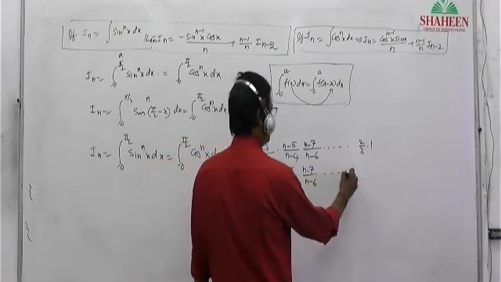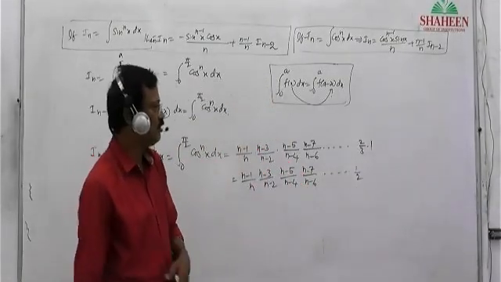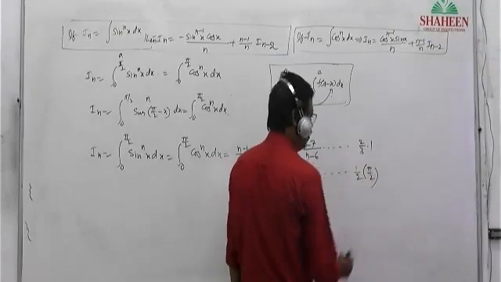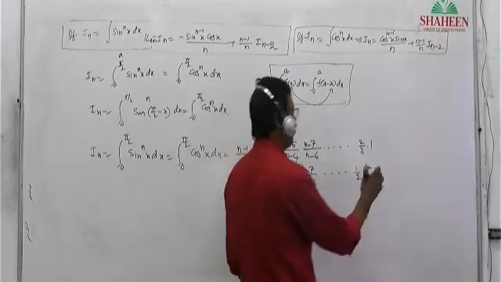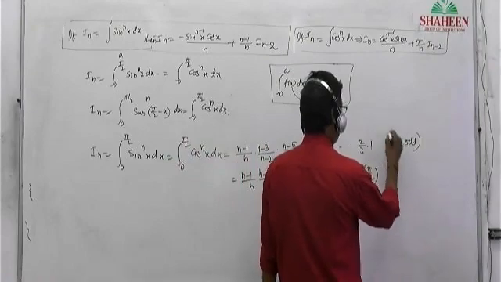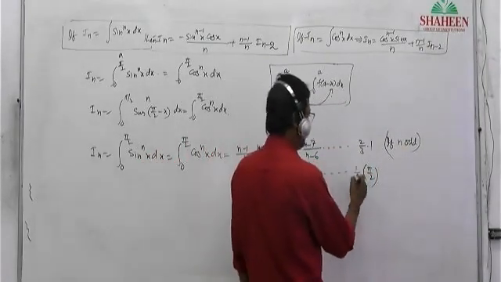Go on like this. If you get 1 by 2 in the last, then you write pi by 2. Now, when you get the last number 2 by 3, n is odd. If n is even, you get last 1 by 2.